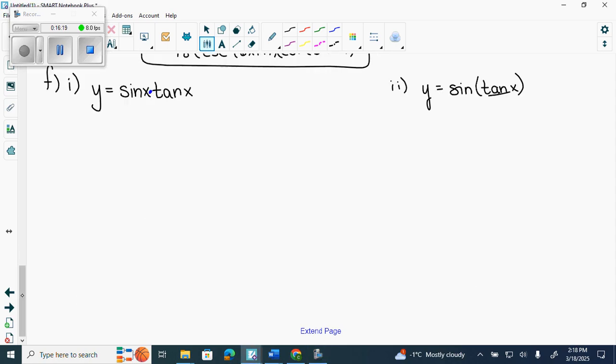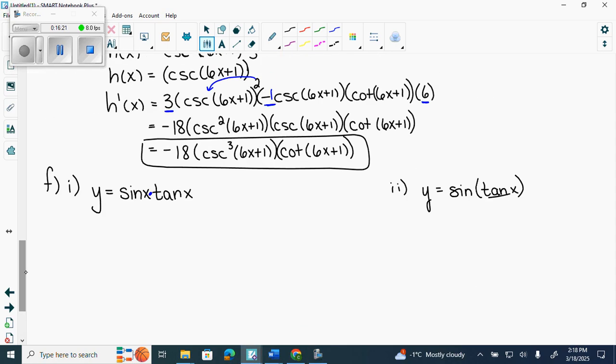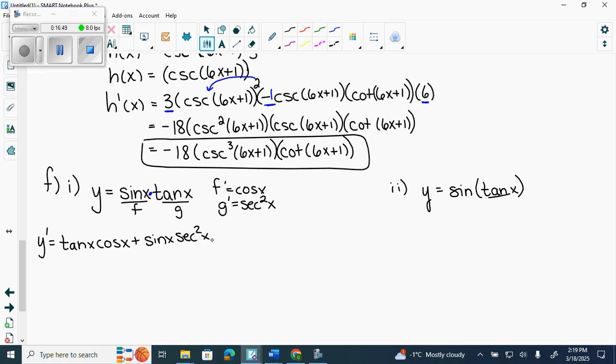Okay, stop. F is sin x, G is tan x. F prime is cos x, G prime is secant squared x. So y prime is G F prime plus F G prime. Now sometimes for this one, they might make it simpler.